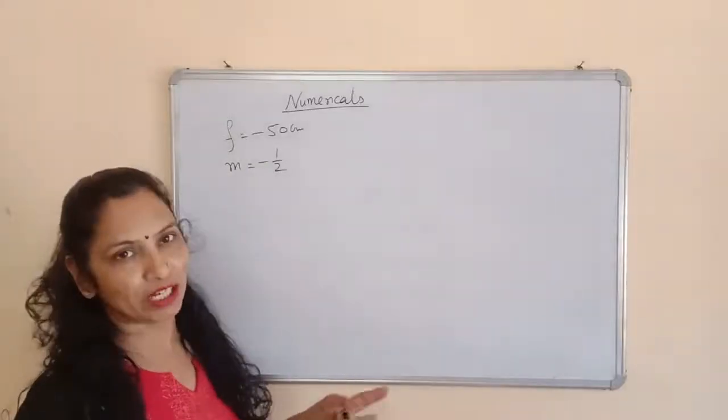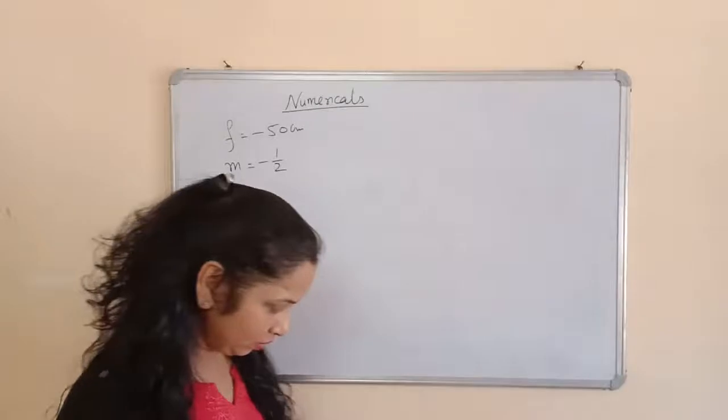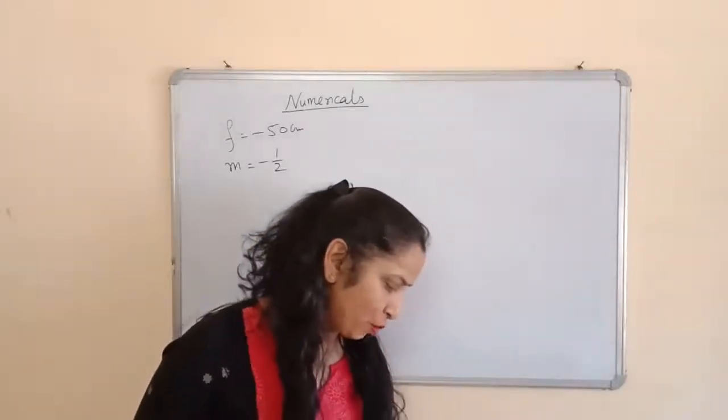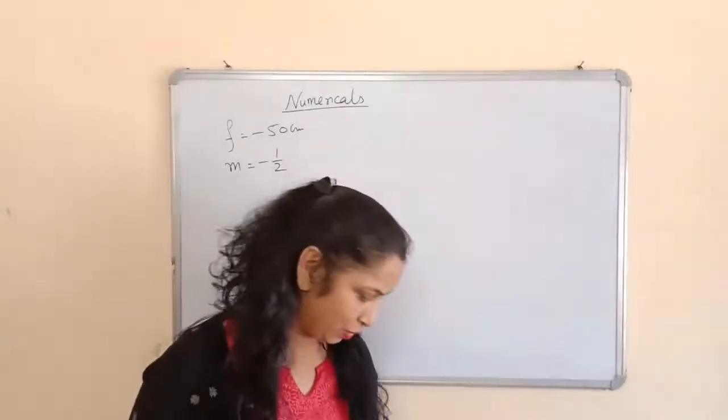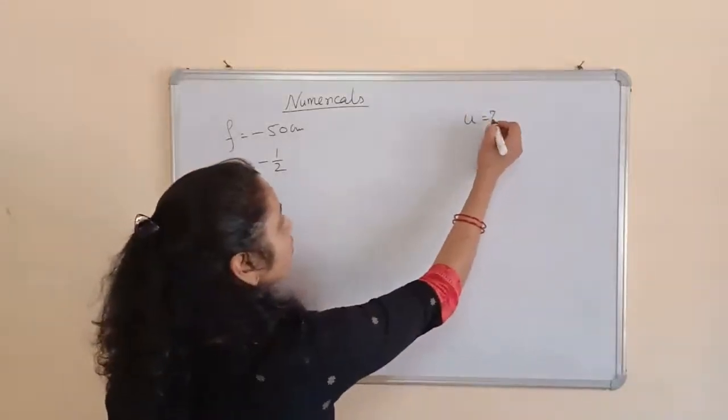Here the magnification with sign is minus 1/2. Now the question is, where should the object be placed to get a magnification equal to minus 1/5? You have to say where the object should be placed.